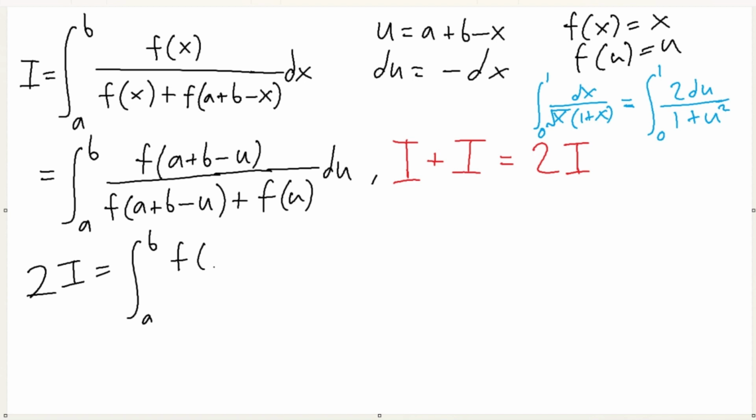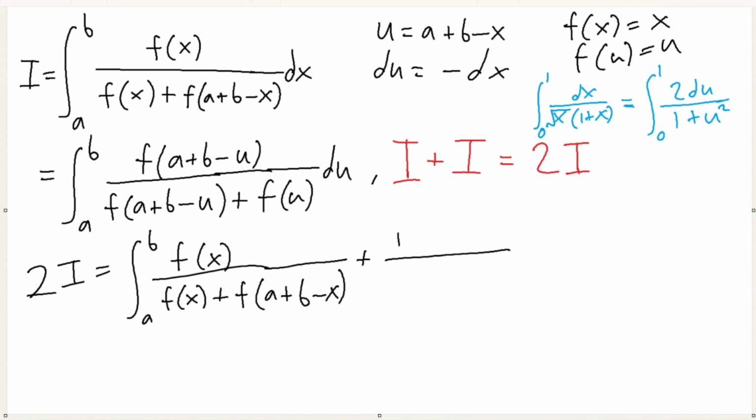So we have f of x plus f of a plus b minus x, plus, and then we have this. Again, we can interchange, they're just variables. They equal the same value as I because we have bounds.